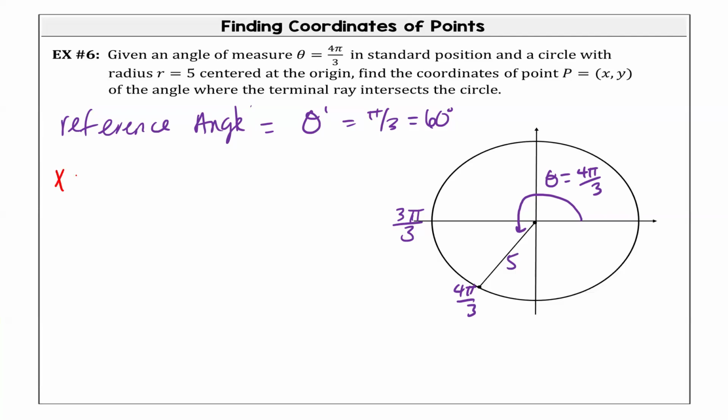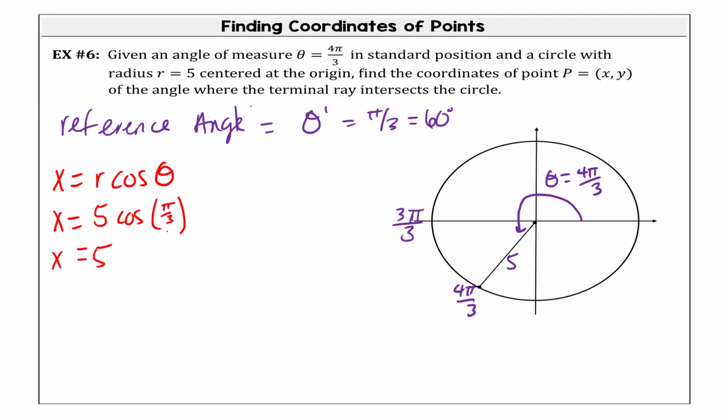All right, so up first is finding our x. Our x equals r cosine of theta. So x equals, what's our radius? 5. And our cosine of, and we're using 4 pi over 3, which is the same thing as, what's my reference angle I can use instead? Pi over 3. Okay, so x equals 5, and then the cosine of pi over 3.